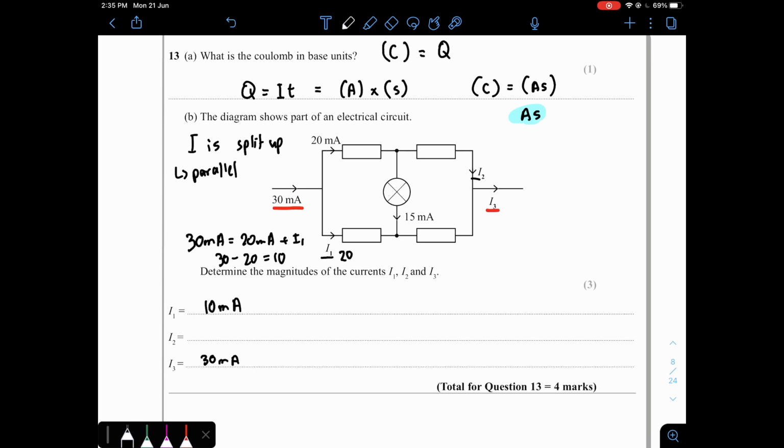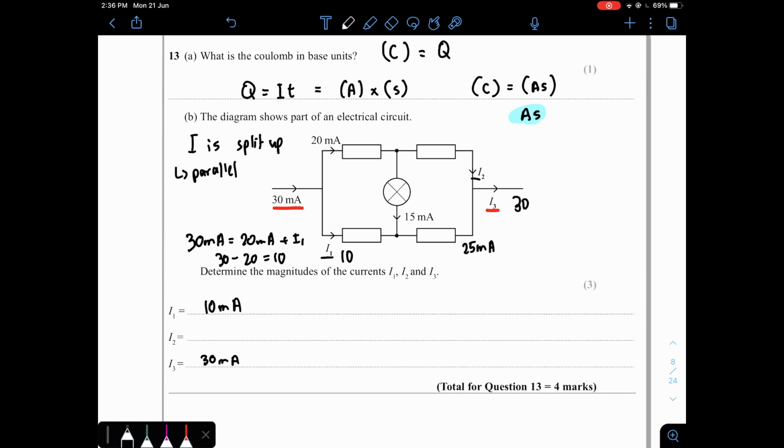So we know this is 20, right? What else do we know? We know that this 20 meets this 15. But is this 15 relevant? Yes or no? Sorry, no. I knew it. Sorry, 10. So 10 meets this 15, and you're left with, over here, 25 milliamps.